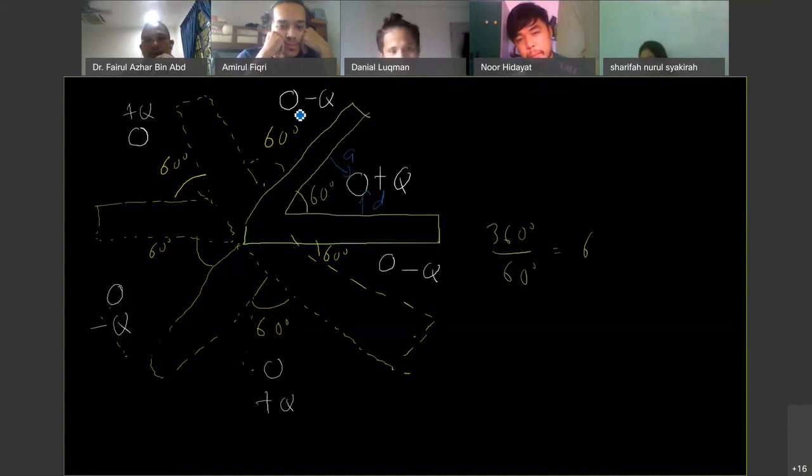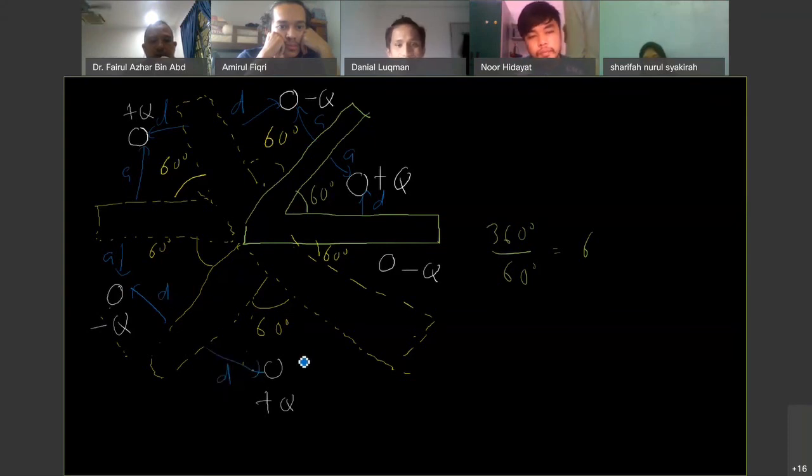So this direction will be A and this direction will be D. Sorry, this is D. So this direction will be D and this direction will be A. So this one is D, this one is A, this one is A and this one is D. Then you will have a balanced configuration.